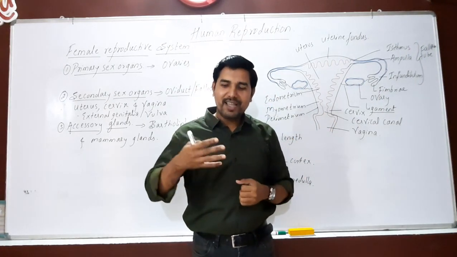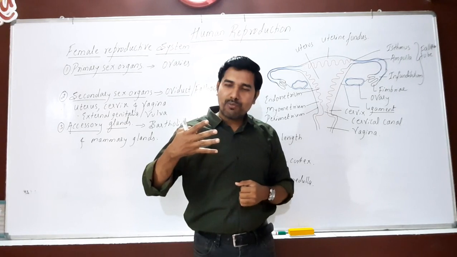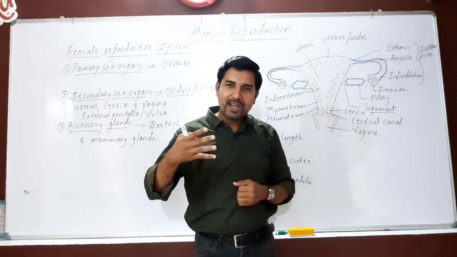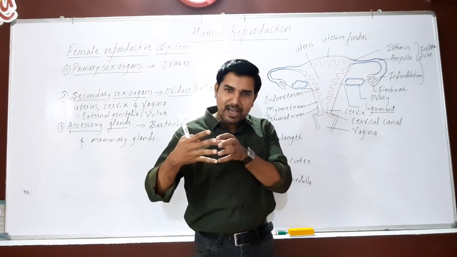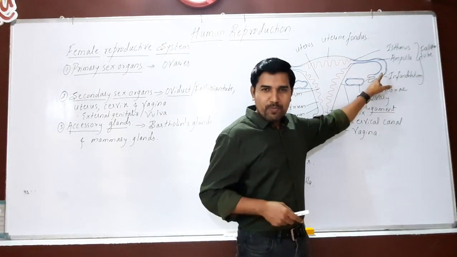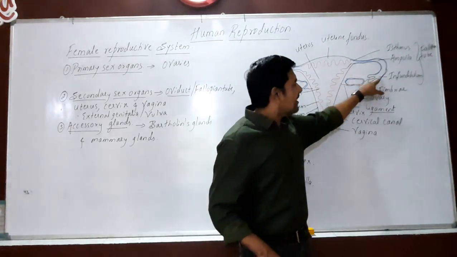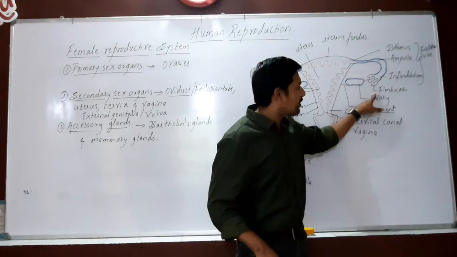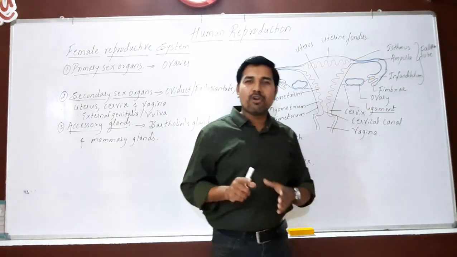So it is collected by these finger-like projections. As they consist of smooth muscles, they move involuntarily and collect the ovum so that the ovum can enter into the fallopian tube and reach the uterus. So this is the function of the fimbriae as well as the fallopian tube.